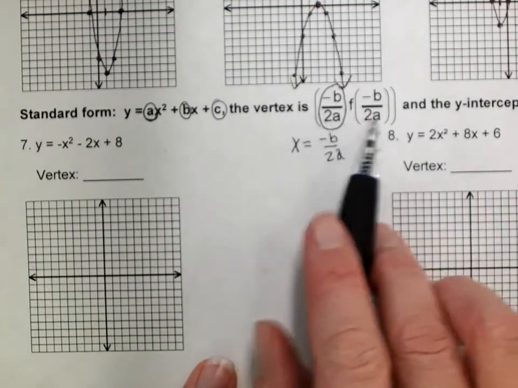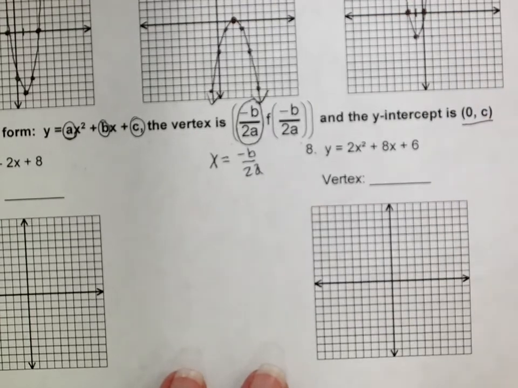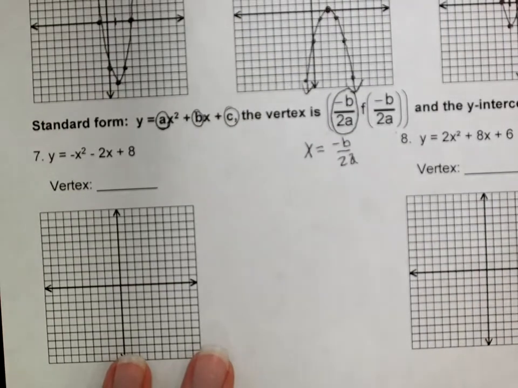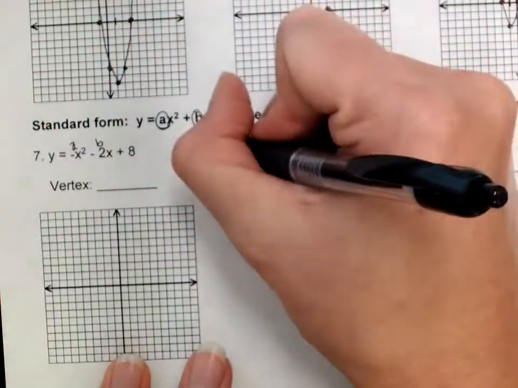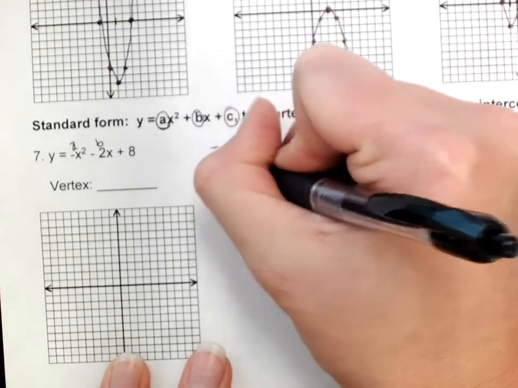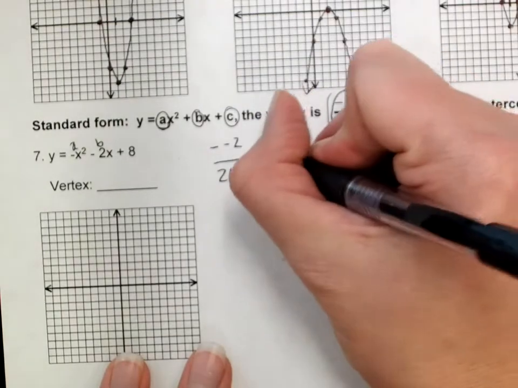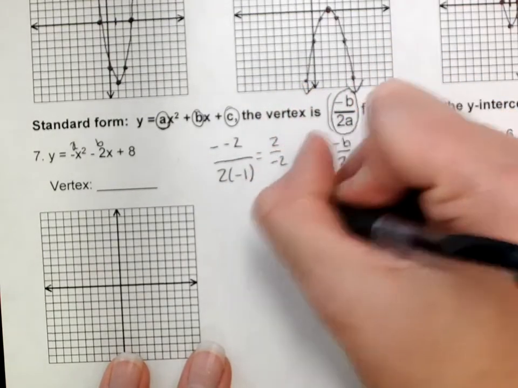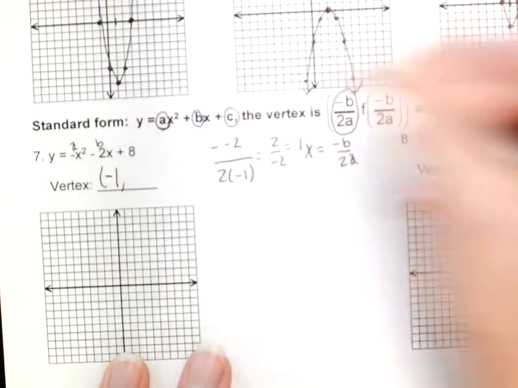This one doesn't use c, but it does point out the fact that the point (0, c) is going to be your y-intercept. So if I use this formula, negative negative 2, all divided by 2 times negative 1, that's 2 over negative 2, which equals negative 1. So the vertex is going to be at x equals negative 1.